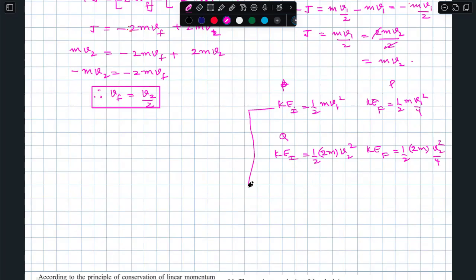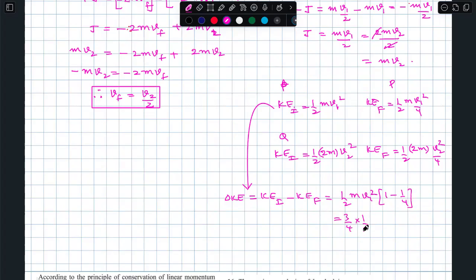Right. So delta KE is KE initial minus KE final. Half m V1 square minus, that is 3/4 times half m V1 square.